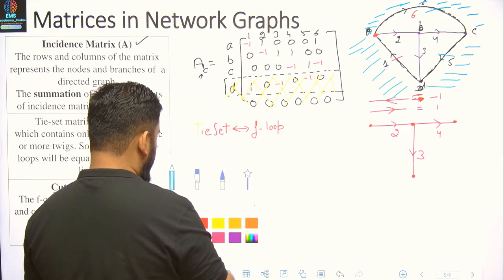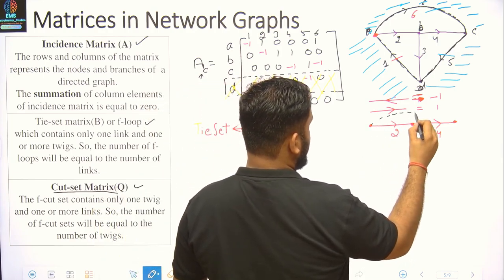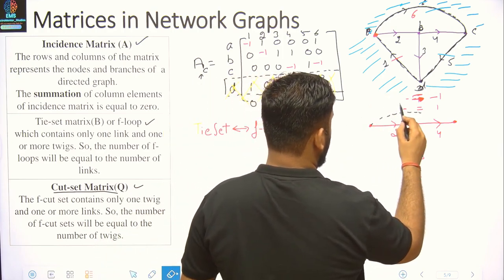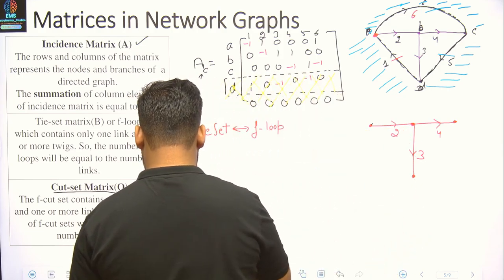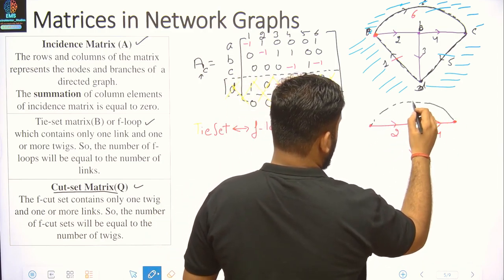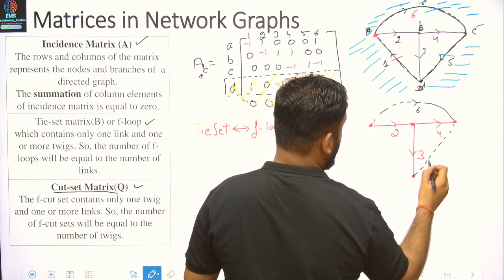So we have a tree. Obviously, we'll have a core tree, so we need to plot the core tree as well. This is an outgoing. Do not change the direction of the current, as I've already told you.